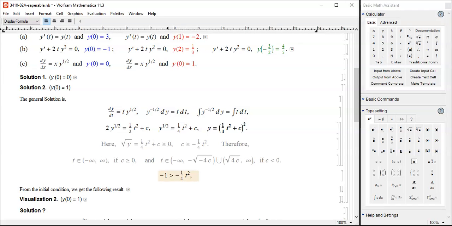In other words, 1/4 t squared is less than positive 1. So t squared is, something is not right. I flipped the order. Okay, that should be greater. Multiplying by a negative number, we have to flip the direction. So t squared is greater than 4. So what do we have? t is greater than 2, or t has to be less than negative 2.